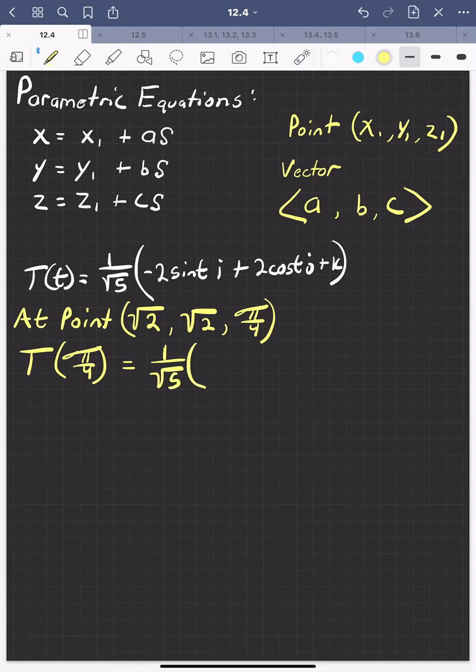And now the sine of pi over 4 is the square root of 2 over 2. So that negative 2 and positive 2, we're canceling the 2's, leaving us with just negative square root of 2 i. Plus cosine of pi over 4 is again the square root of 2 over 2. So 2 times the square root of 2 over 2 is just going to be equal to the square root of 2. And of course, there is nowhere to plug pi over 4 in for the k component, so it's just plus k.